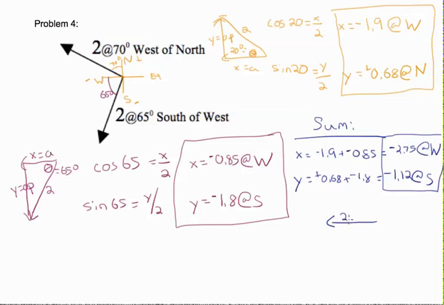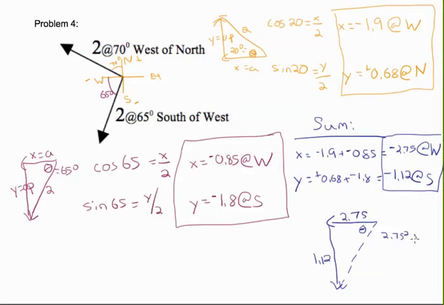The result is here, and our theta is there. So to find the result, we do 2.75 squared plus 1.12 squared equals c squared.